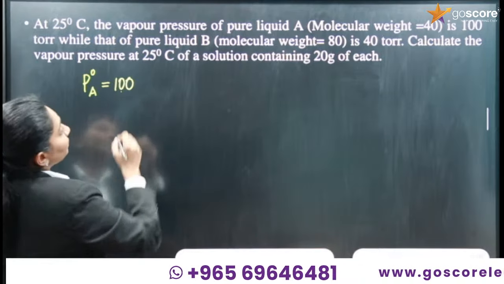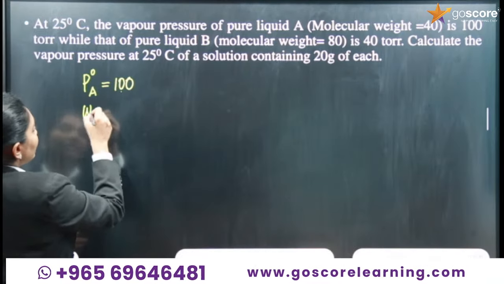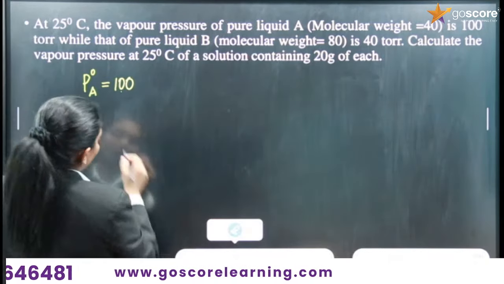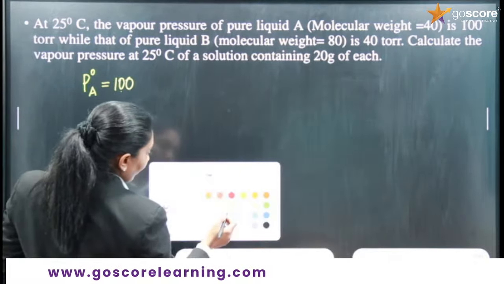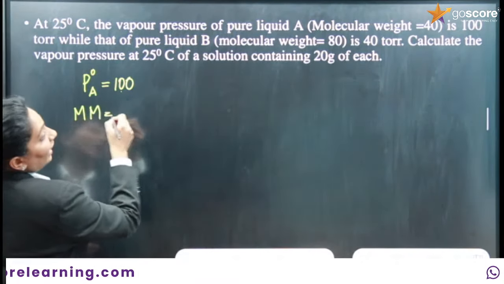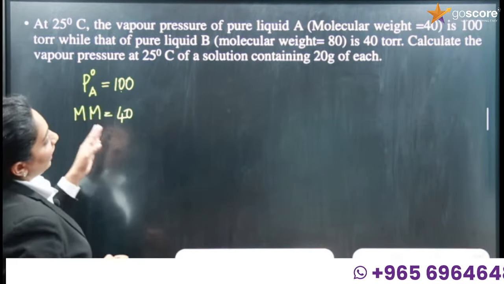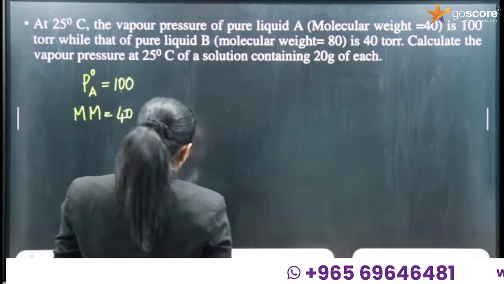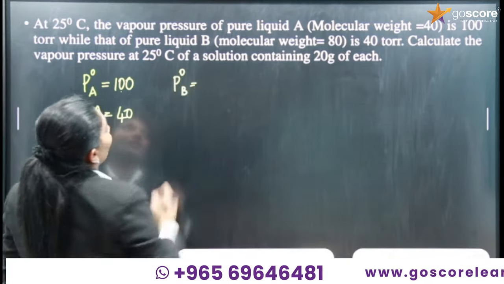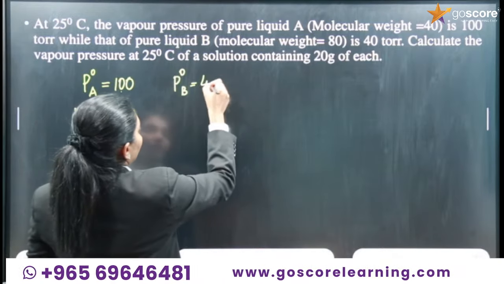And also the molecular weight of component A is given as 40, right? And for component B, P naught B is given as 40 torr, right?